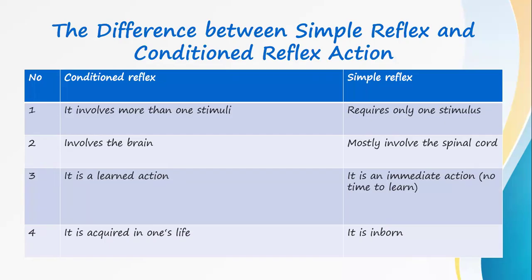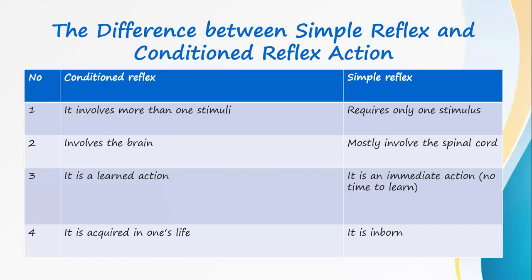So the conditioned reflex has to involve various stimuli to get this kind of reflex action. In terms of a simple reflex action, it requires only one stimulus to obtain it.